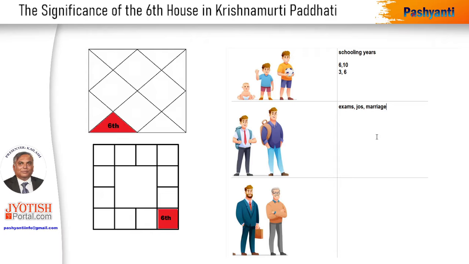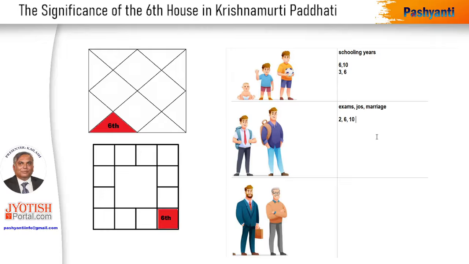And then when they are applying for a job also, at that time this particular dasha is required, the 2, 6 and 10, because the second house indicates the bank balance, and the 6th house is also the house of day-to-day service, and the 10th house is the house of profession.